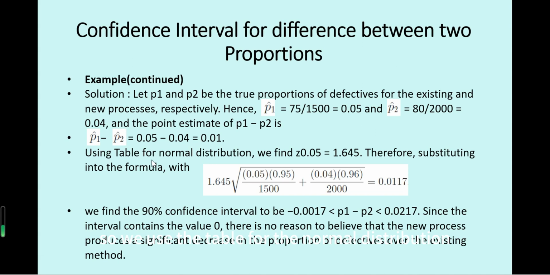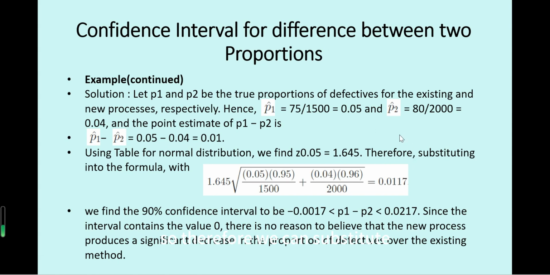Using the table for the normal distribution, we find Z 0.05 equals 1.645, because we want a 90% confidence interval. Here alpha is 0.1, so half alpha is 0.05.